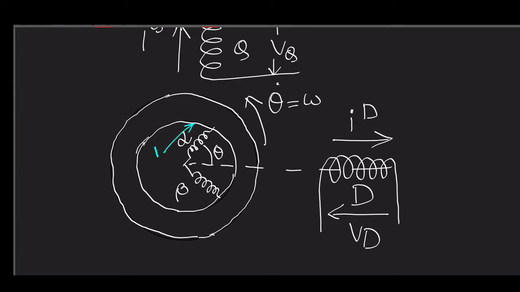This current is I alpha. This current is I beta. Right. So this is an example of a balanced two-phase uniform induction machine.